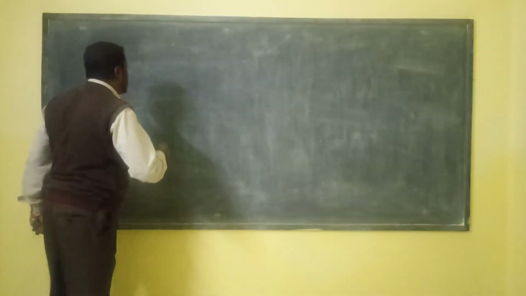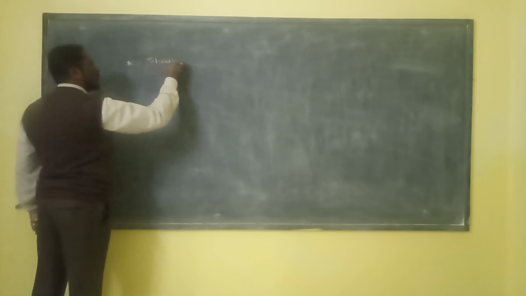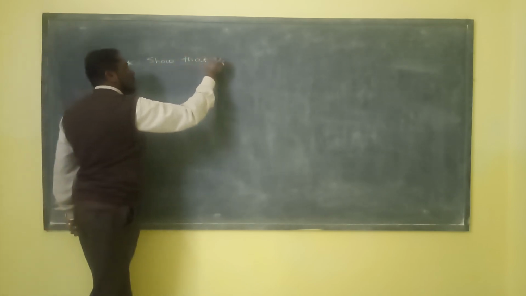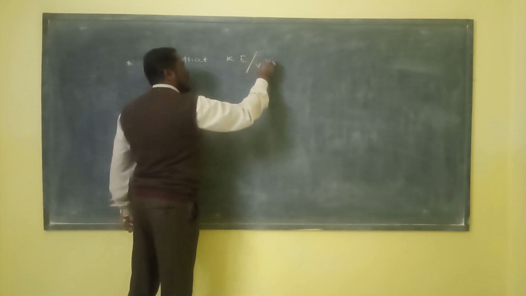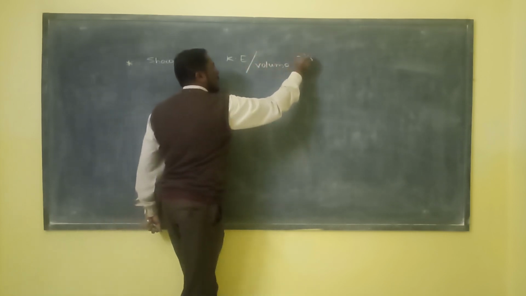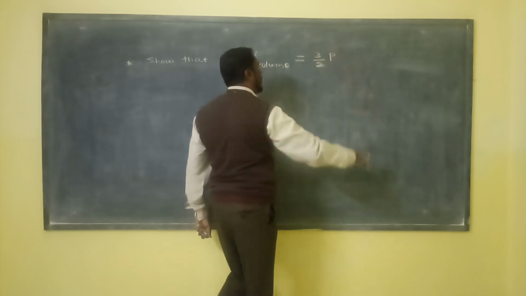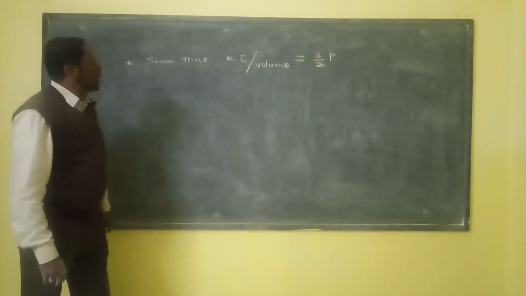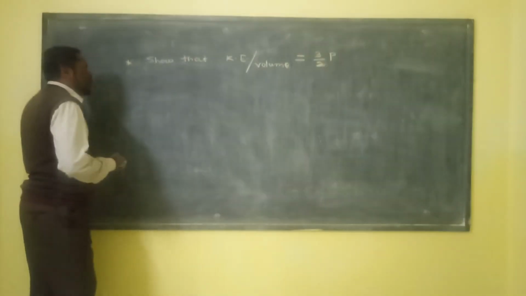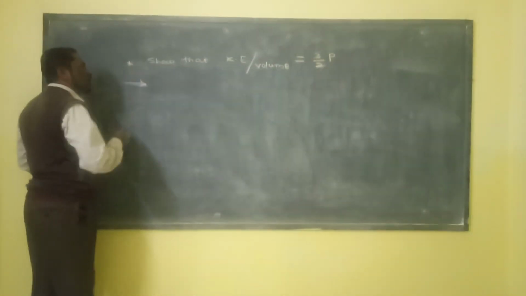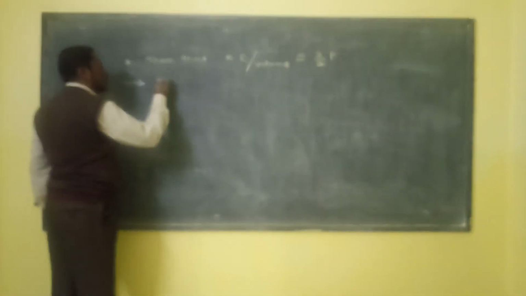After Boyle's law, show that kinetic energy per unit volume is equal to 3 by 2 P. First of all, the pressure exerted by the gas.